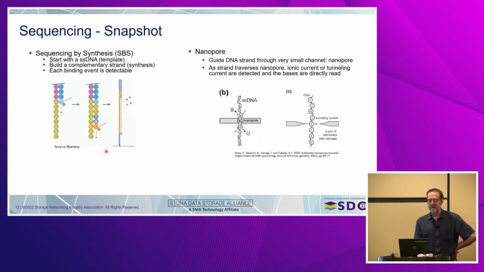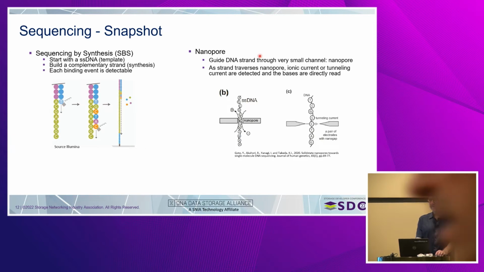So each reaction event is detectable, and because of the complementarity, you can then read what was in the original strand. So it's kind of an indirect way of reading DNA.